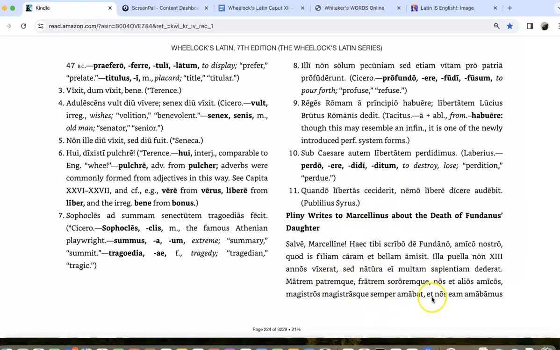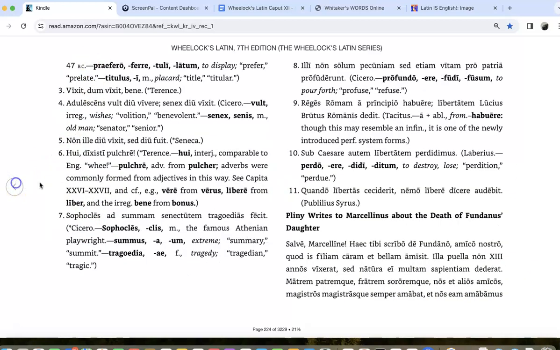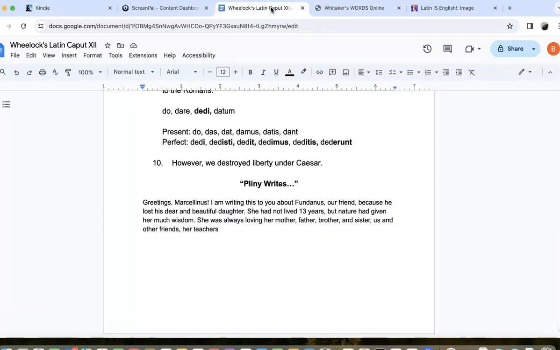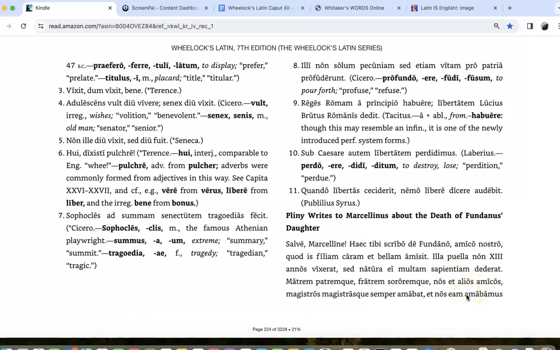And then it kind of continues here, Latin likes long sentences. And we were praising and loving her. So, and we were loving and praising her. So here we go. Amabamus, that's actually, remember, the imperfect, which we had earlier in the book.